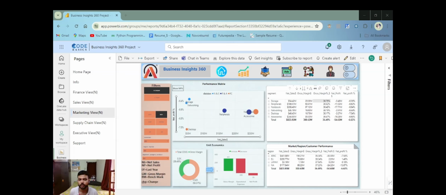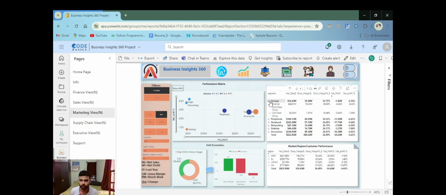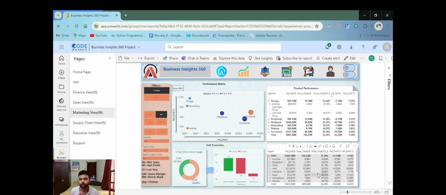So in the product performance, we can see the performance of each segment and products. And in the market or region or customer performance, we can see all the performance based on the region and market.